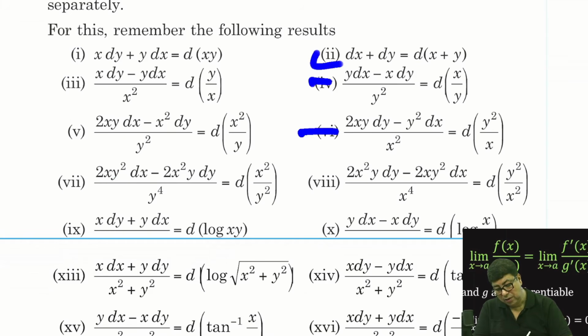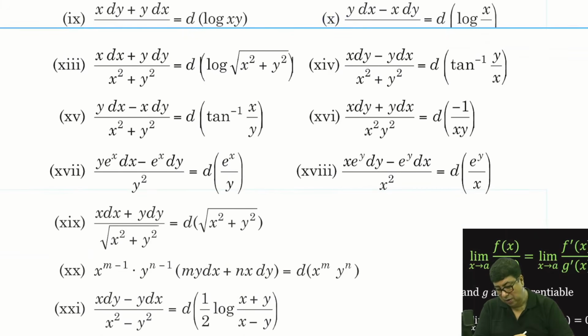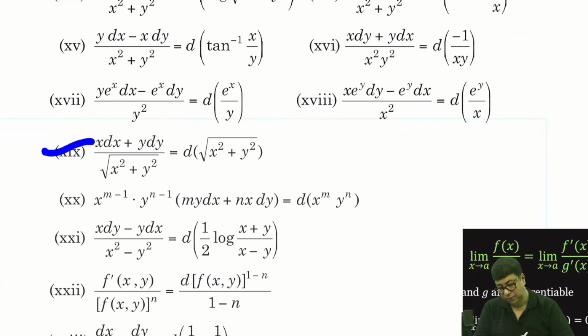These are simple differentiation formulas. Till this is enough. If you can get it to this form, then the sum will be done. Otherwise, you have to take some substitution, and the sum will be very long. Differential equation is that chapter, and area under the curve is that chapter, where extremely long sums come. So you should avoid that. Then you have to remember all these things, that inspection method, this also.